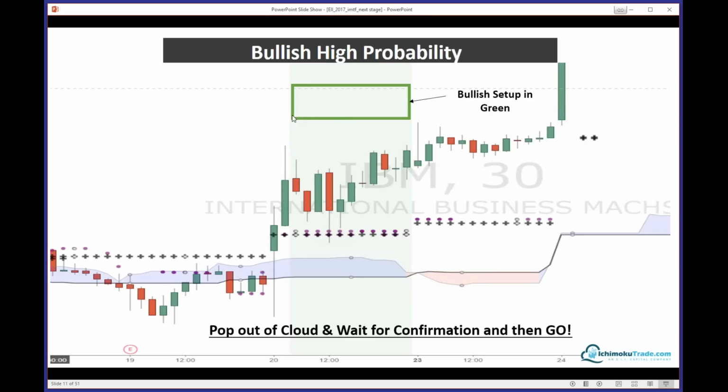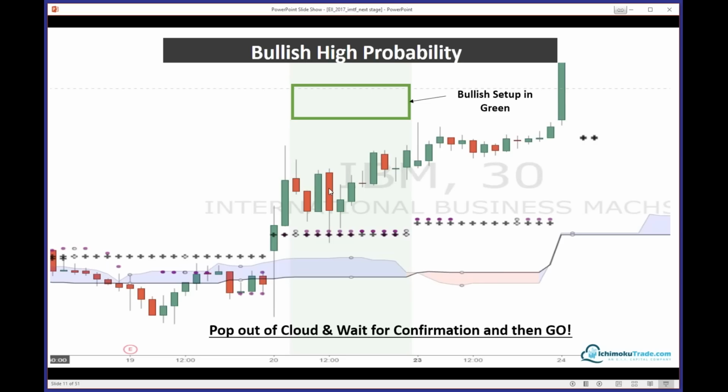But you could see that this green shaded area is basically where there was a bullish Ichimoku strategy available. Okay, so anywhere in this green shaded area, you could place a pullback trade or a breakout trade. Once that shaded area is gone, you cannot place a trade at all. We'll talk about exactly where the entry should be for pullback and breakout in just a moment, but right now I want to show you where the trading zones are.